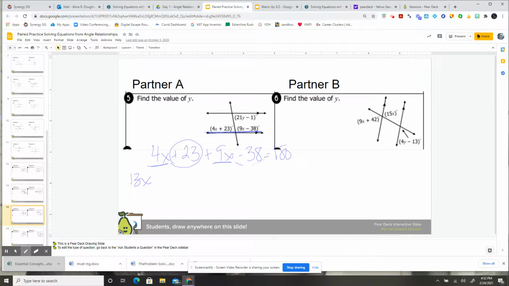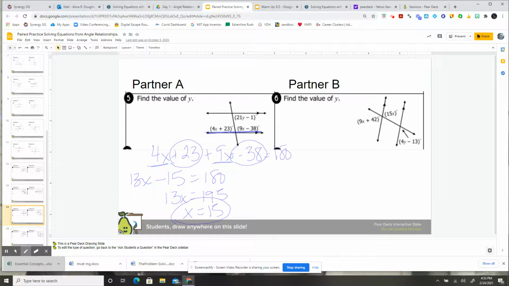And then plus 23 and minus 38. So if I do 23 minus 38, I get negative 15. So 13x equals 195, and 195 divided by 13 is 15. X equals 15.